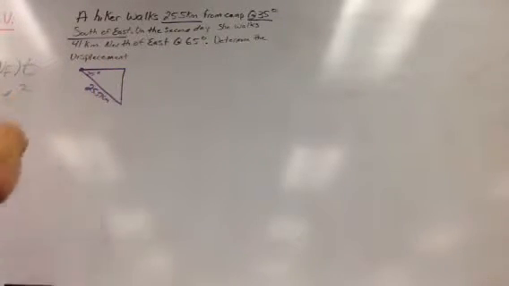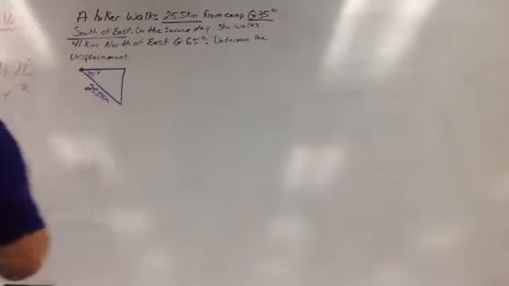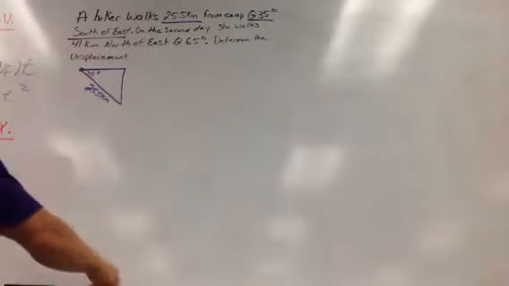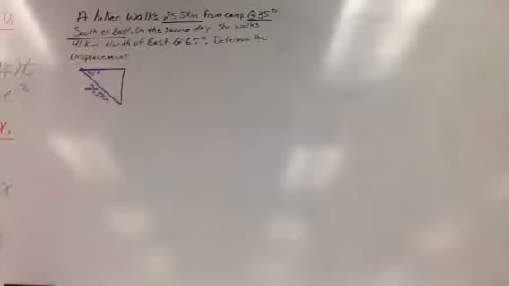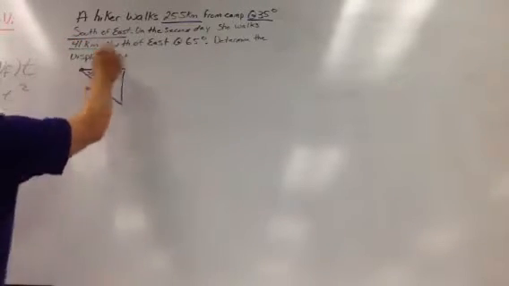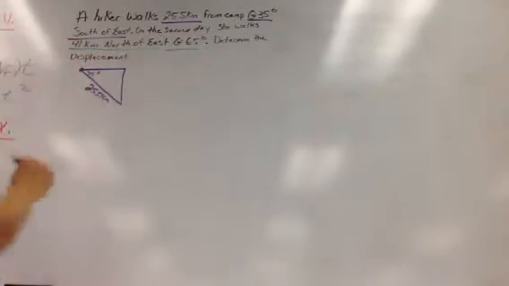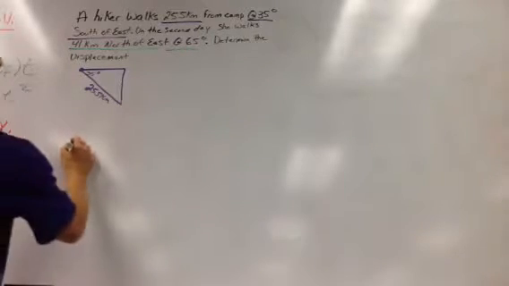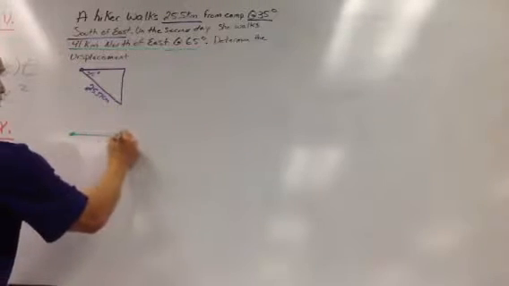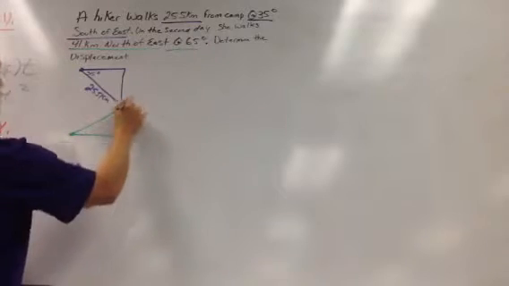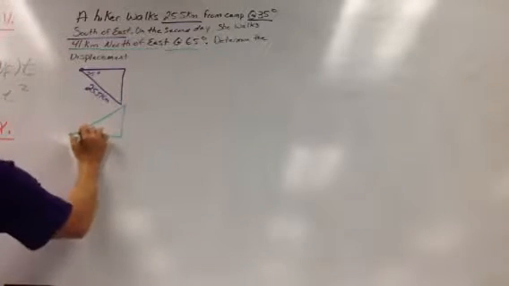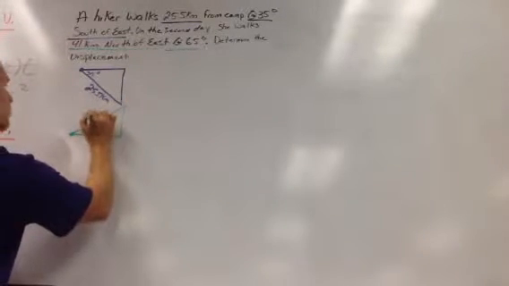Triangle 2, on the second day, she walks 41 kilometers north of east at 65 degrees. So we first go east, then we go north. And it'll be 65 degrees here and 41 kilometers.